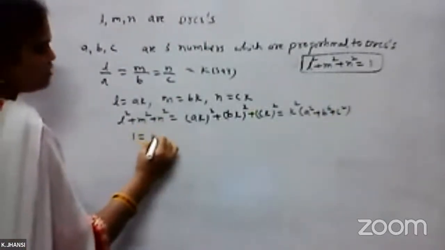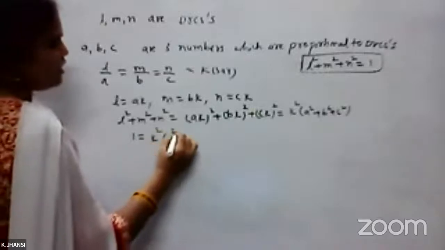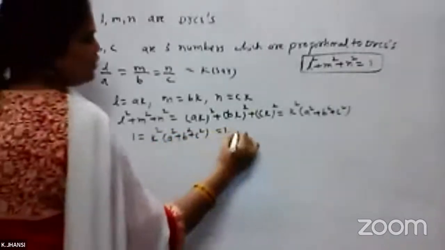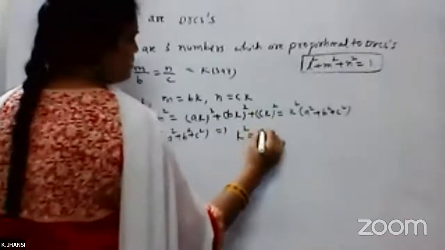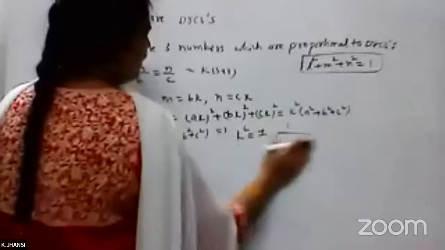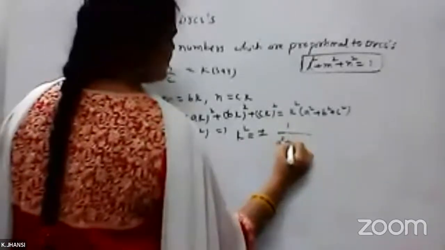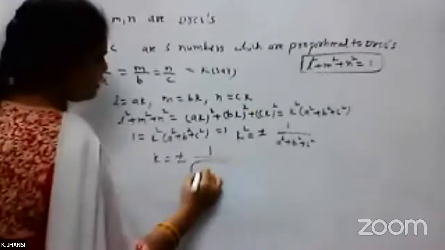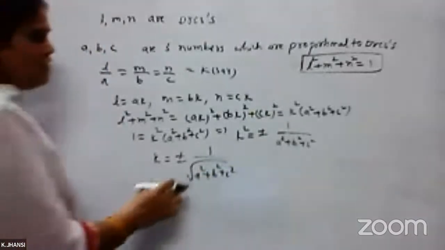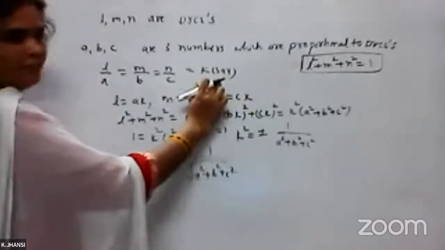So 1 equals k square times a square plus b square plus c square. So you will get k equals plus or minus 1 by under root of a square plus b square plus c square.